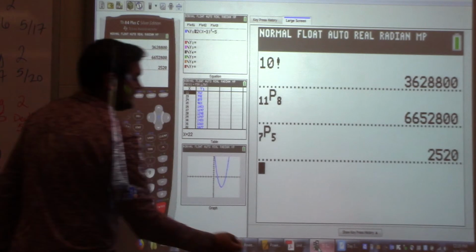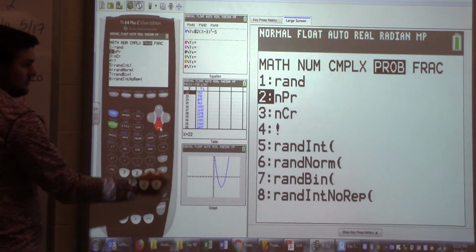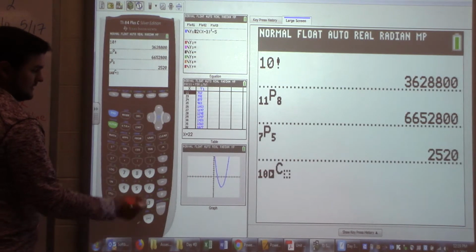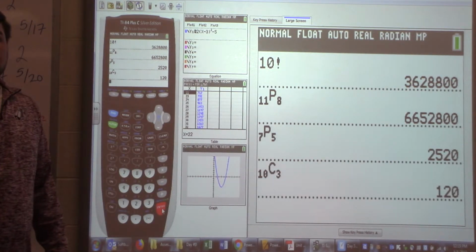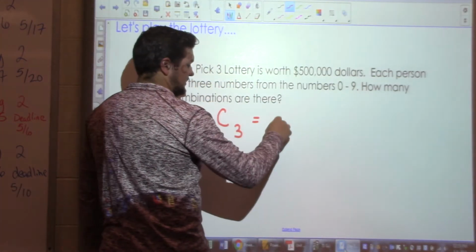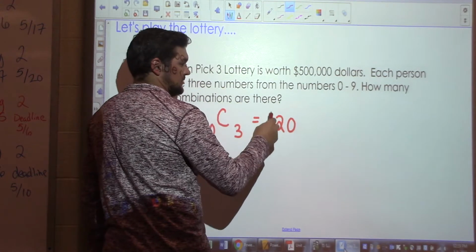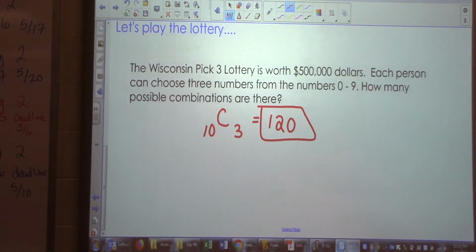So if we put in our calculator 10 C 3, what do we got? 120. There's 120 different arrangements we could pick. Okay?